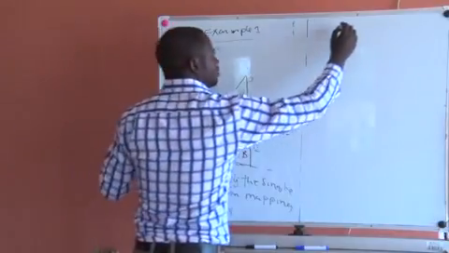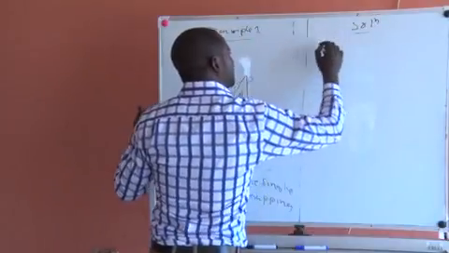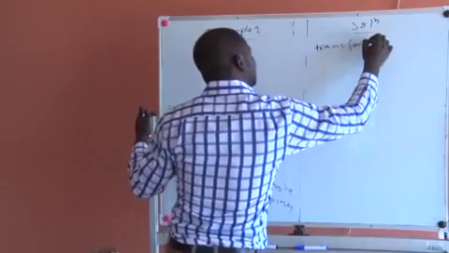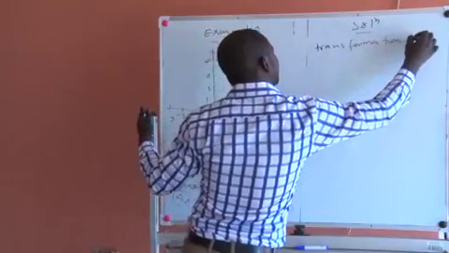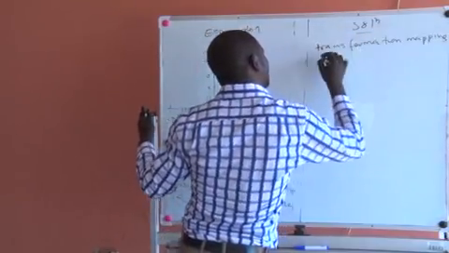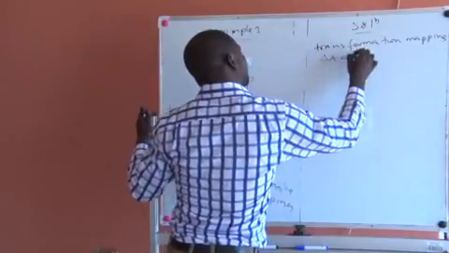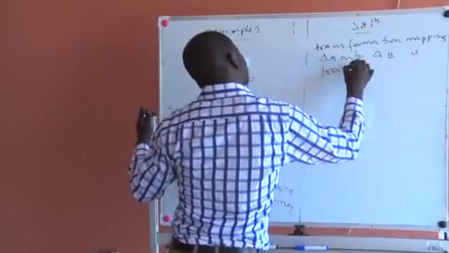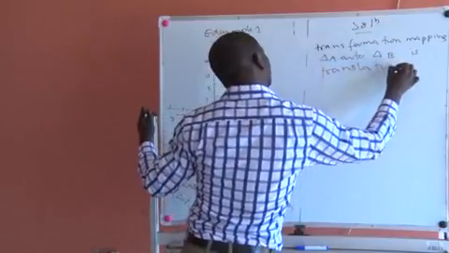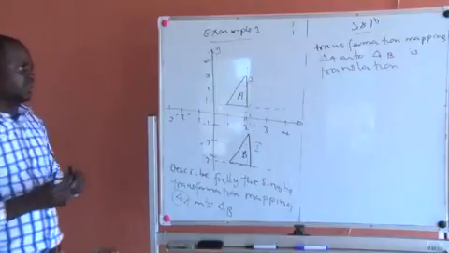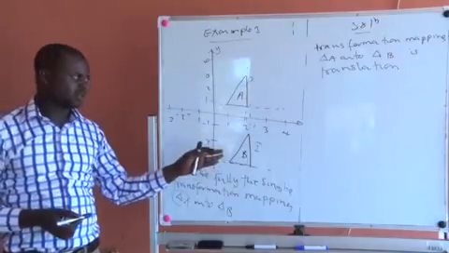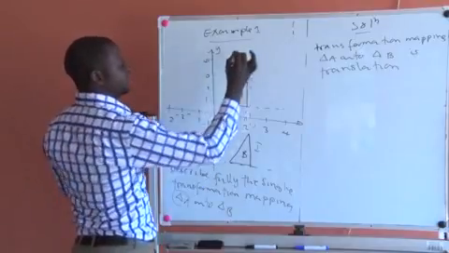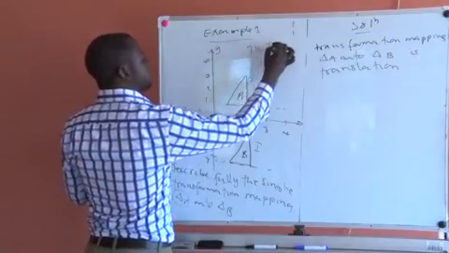So you say, solution: the transformation mapping triangle A onto triangle B is translation. Just the name, it's one mark. Now, remember I told you, you must also tell them what matrix was mapping A onto B. So you know how to find the matrix. Translation is image minus object.